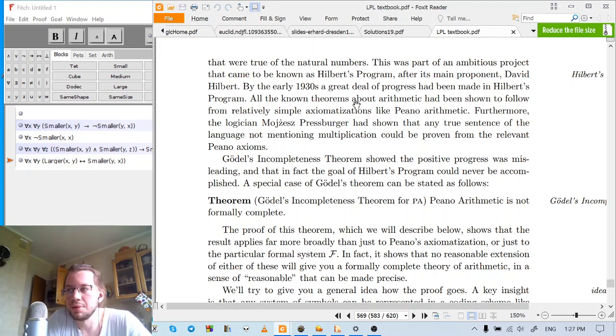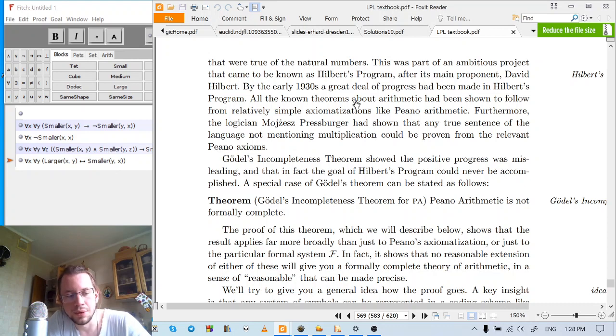This was an ambitious project that came to be known as Hilbert's program, after its main proponent, David Hilbert. By the early 1930s, a great deal of progress had been made in Hilbert's program. All the known theorems about arithmetic had been shown to follow from relatively simple axiomatizations like Peano arithmetic.